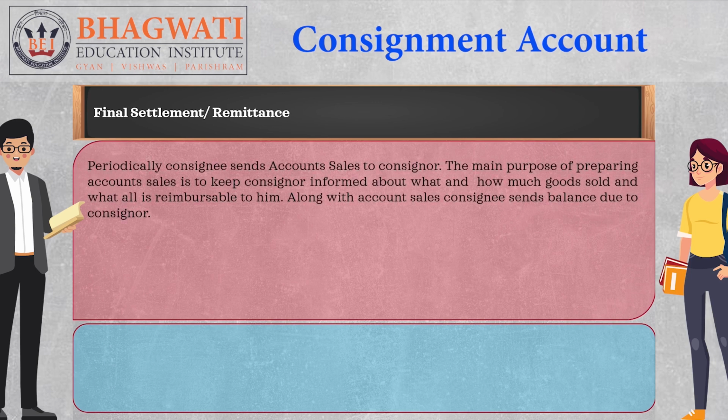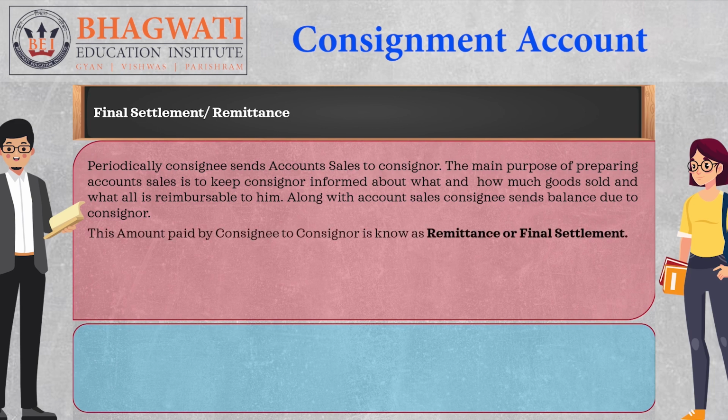Periodically he will send an account sales to the consignor, which includes the goods he has sold and at what value, then how much commission is payable to him, how much expenditure is reimbursable to him, and how much advance he has already paid, which we need to set off. The net balance he will pay to the consignor. This amount he pays to the consignor is known as remittance or final settlement.